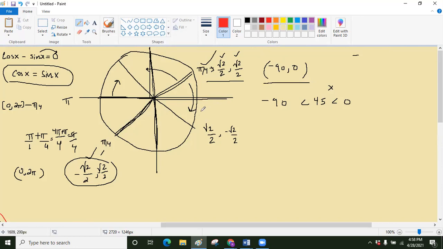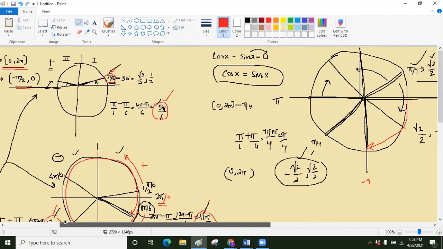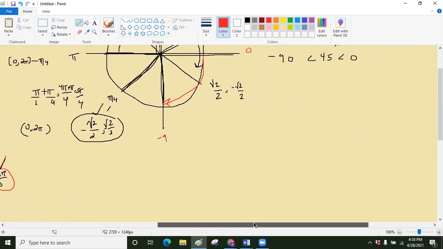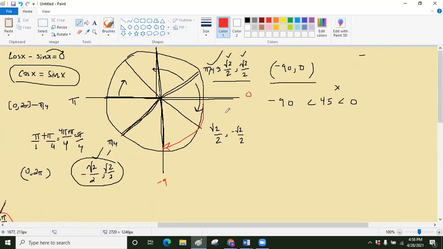Well, that would be an ineffective judgment, because the interval we're currently concerned about is from 0 to negative 90, as we were over here, and there are no solutions on this particular quadrant.